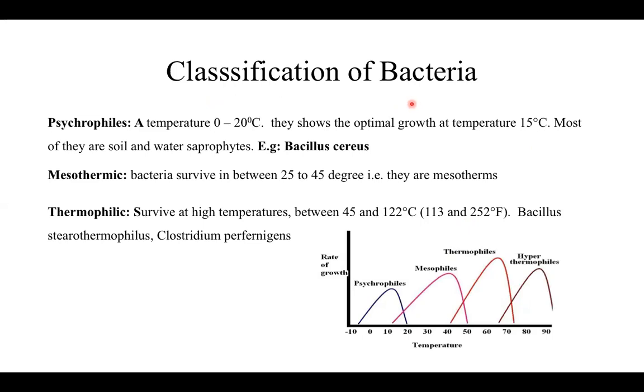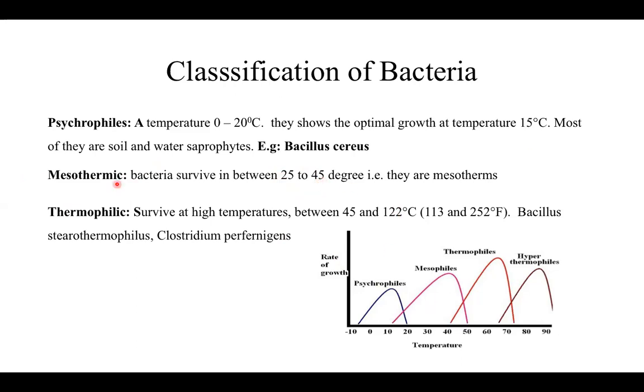Another method for the classification of bacteria is based on their ability to grow at different temperatures. Those bacteria which can grow between around 0 to 20 degrees Celsius are known as psychrophilic bacteria. Example is Bacillus cereus. Mesophilic bacteria can grow between around 25 to 45 degrees Celsius.